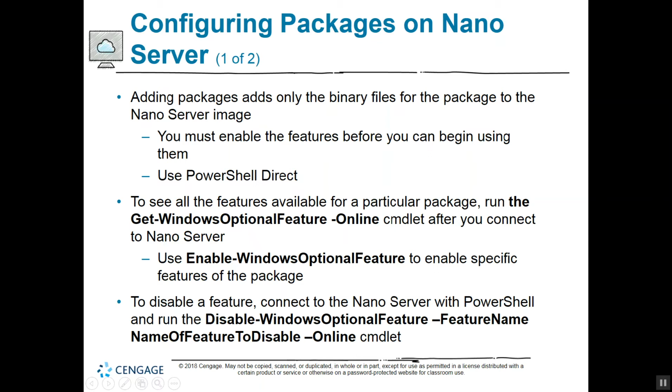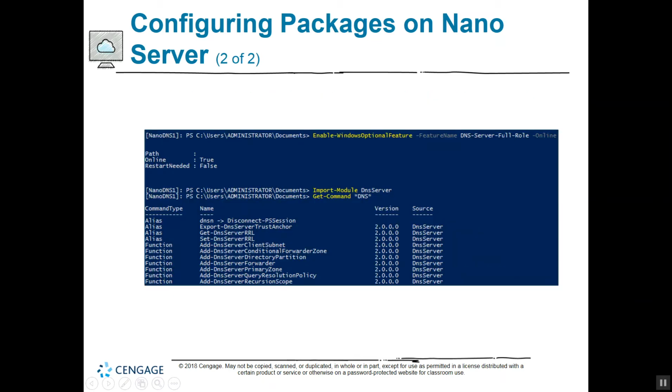You have to enable those features before you can begin using them, just like on other server instances. Use the Get-WindowsOptionalFeature -Online cmdlet after you connect, and then we can also disable them. So here we go, importing and the get command.